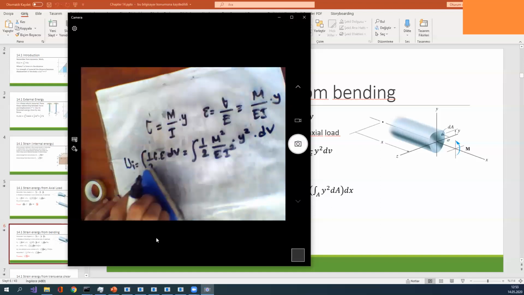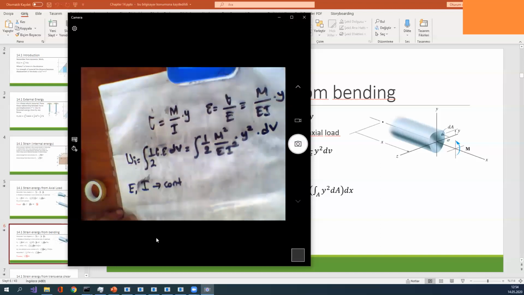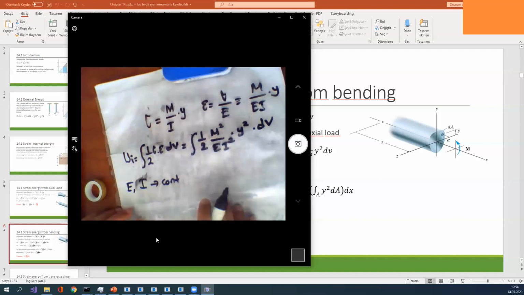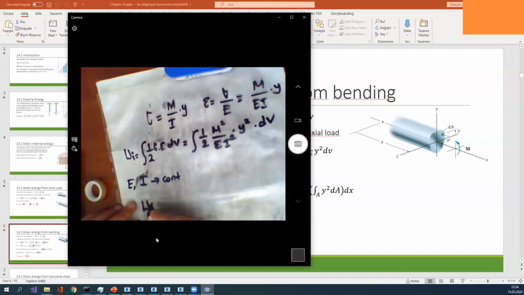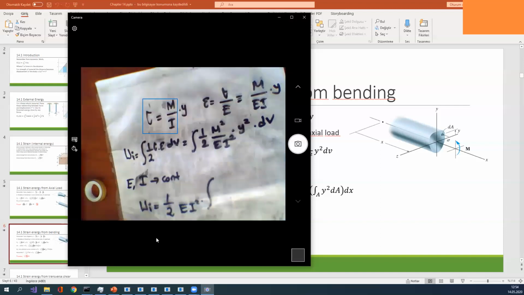But if I is constant and also E is constant, I can move these terms out of integration. So Ui is equal to 1 over 2 E I square, volume integration, and I want to divide it into area integration.